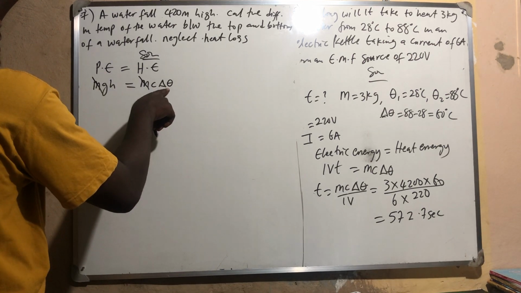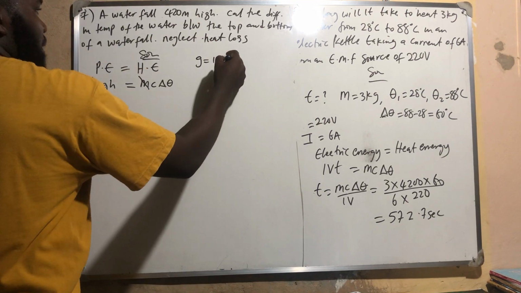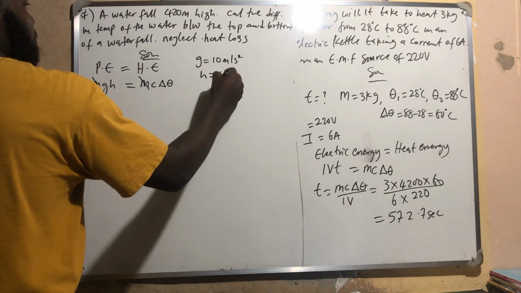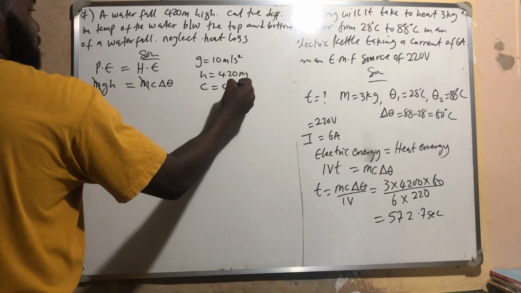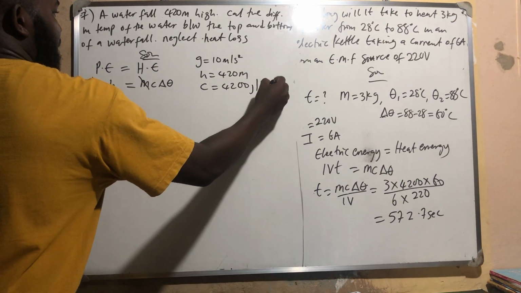So they're asking me my change in temperature. In fact, my G is acceleration due to gravity because it is falling. That is 10 meters per second square. My height they gave me is 420 meters. My specific heat capacity of water doesn't change, 4,200 joule per kg per Kelvin.